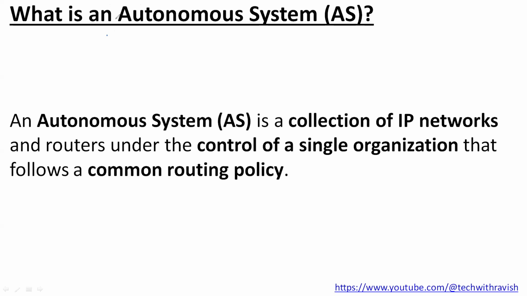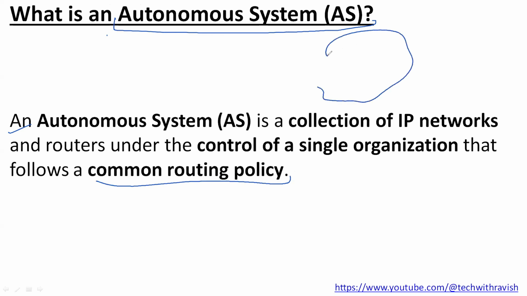And the topic for the day is autonomous system number, AS number. Basically, an autonomous system number is a collection of IPs and routers under the control of a single organization that follows a common routing policy. That means it is a group of multiple routers or IPs in an organization.